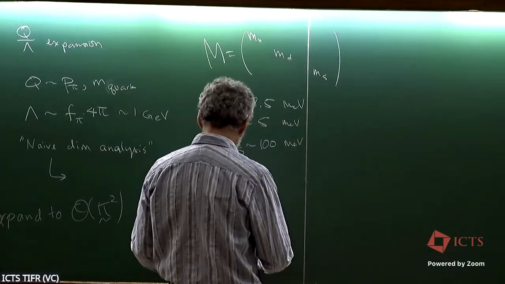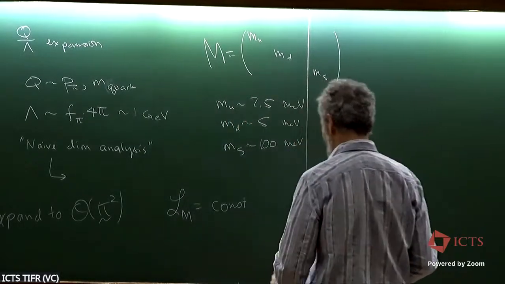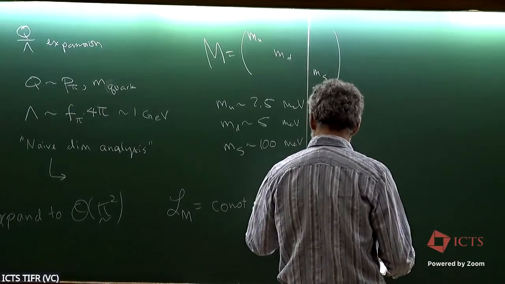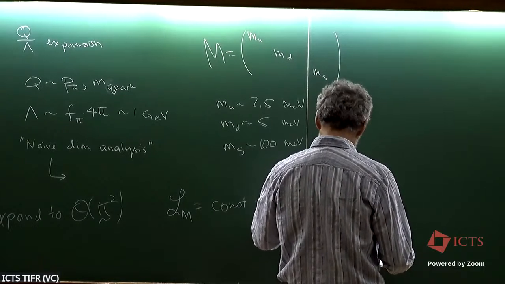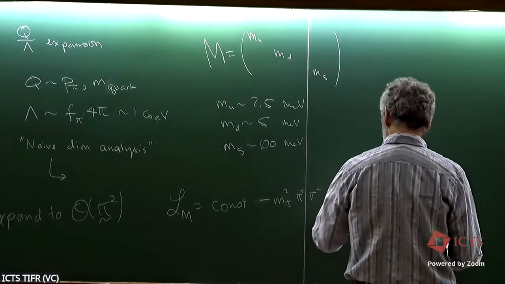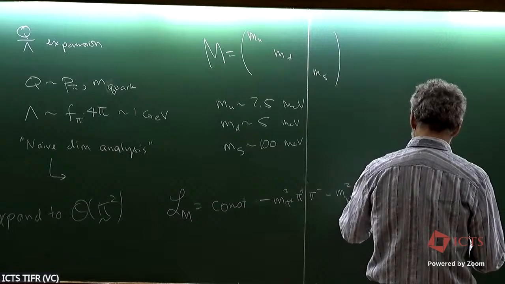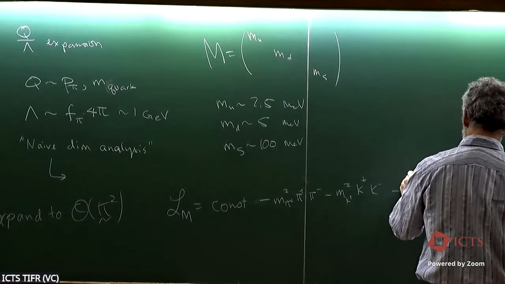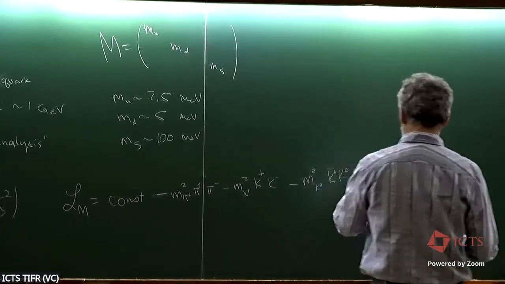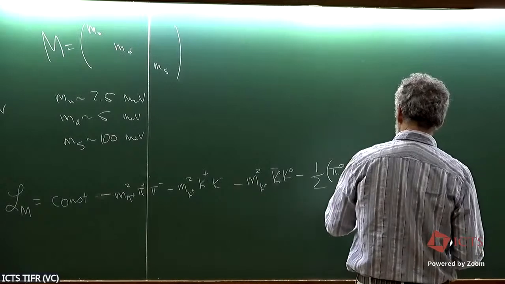Okay, and what you find then is that the Lagrangian is equal to a constant piece, which is some vacuum energy contribution, plus at order pi squared, you get minus m_pi+ squared pi+ pi-, minus m_K+ squared K+ K-, minus m_K0 squared K0 bar K0, minus 1/2 times, and now I'm going to make a 2x2 mass matrix for the pi0 and the eta.